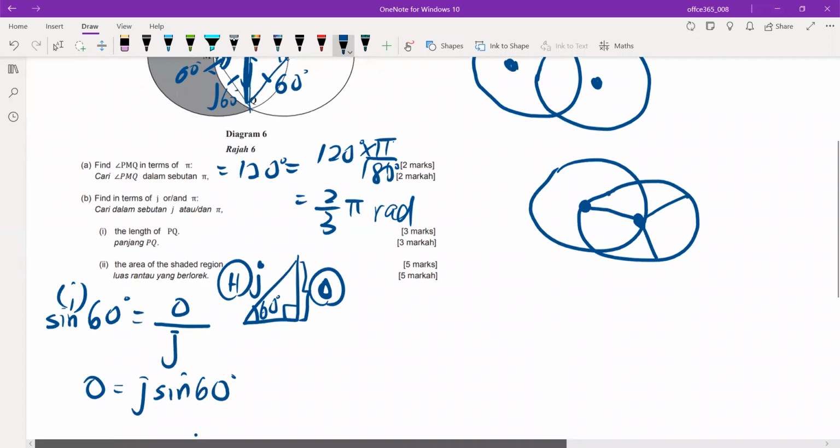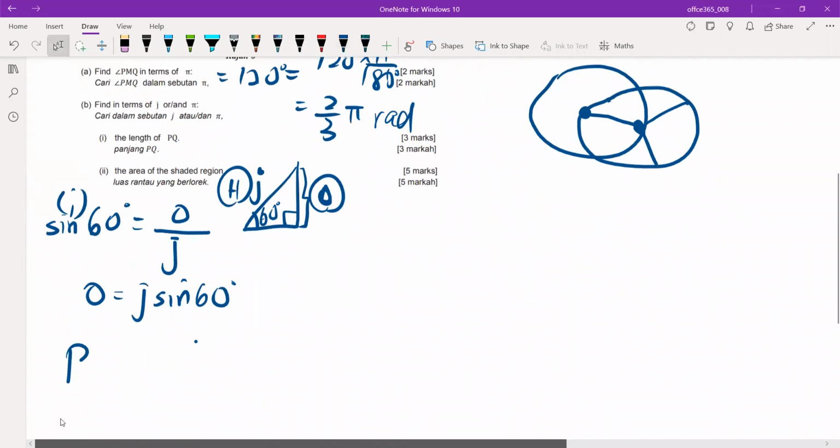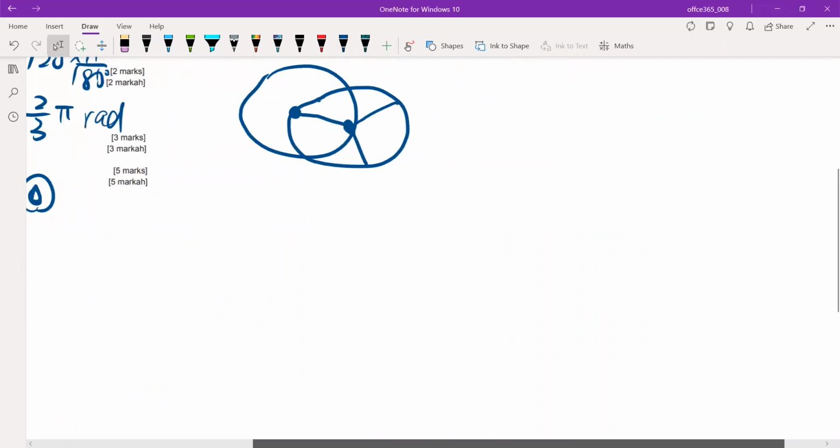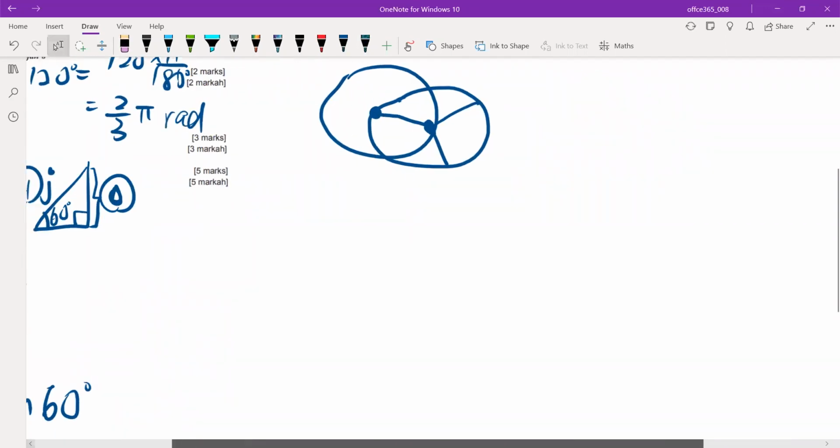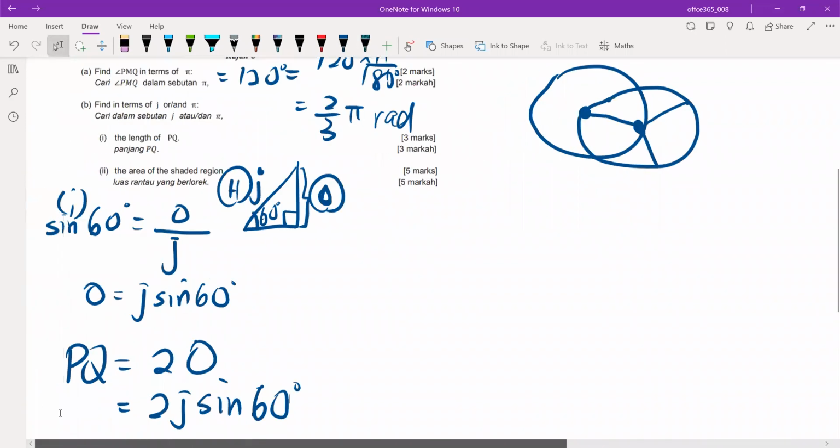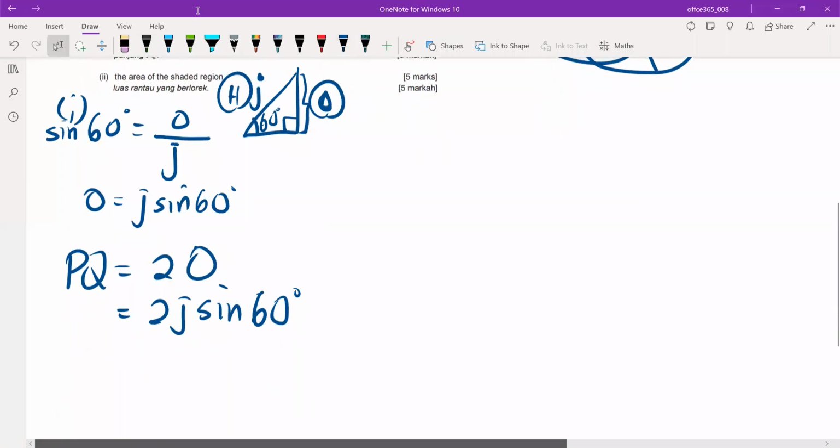Why does this one keep on moving today? So class, you have to know the answer has to be in terms of J or what? Yeah, in terms of J and pi. So don't need to worry. So the answer PQ equals 2J sine 60. But then the angle is in terms of pi, so why do you put 60?